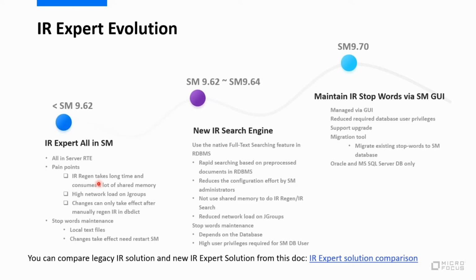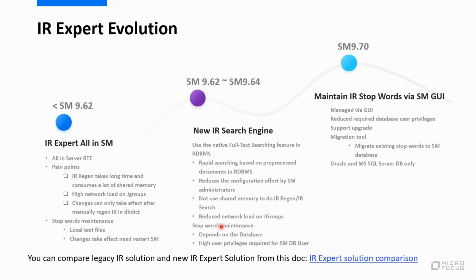It also generates high network load on JGroups. Changes on the IR keys only take effect after manually regenerating the IR key in the dpdict. Also, there are local text files to maintain the stop words, and if you make any changes to the stop words, you have to stop and restart the SM server so that the newly added or removed stop words can take effect.